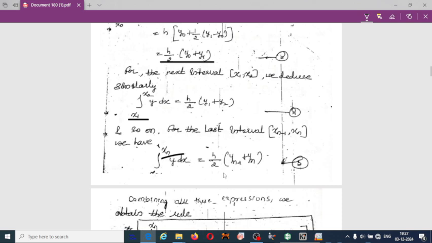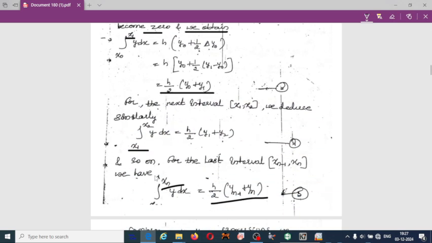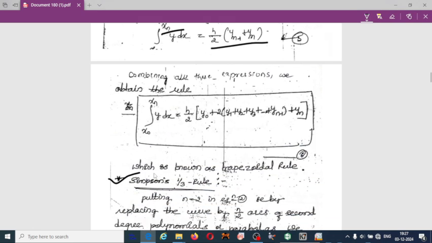If you add all these terms, you will get the required equation for the trapezoidal rule, that is, the integral from x naught to xn of y dx equals h by 2, take outside the bracket, and here you will have y naught plus 2 into (y1, y2, y3, and so on) plus yn.